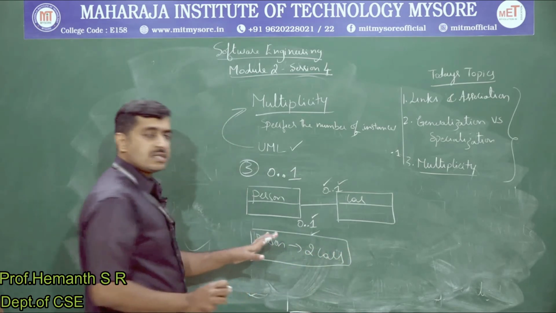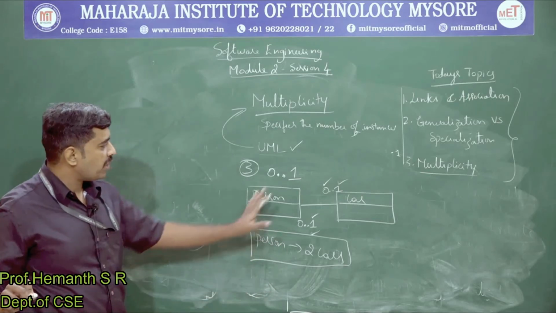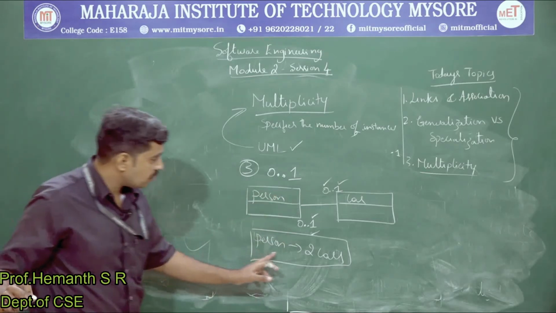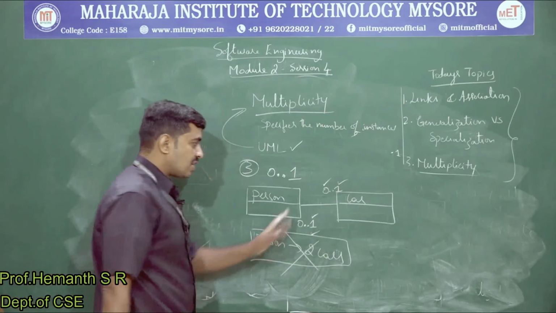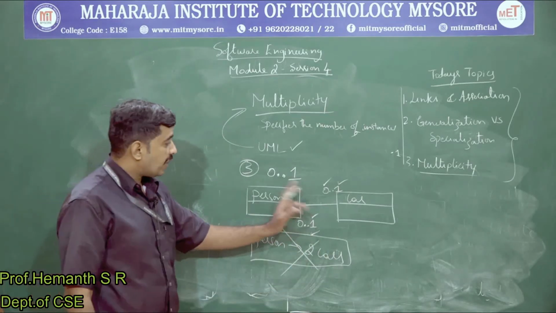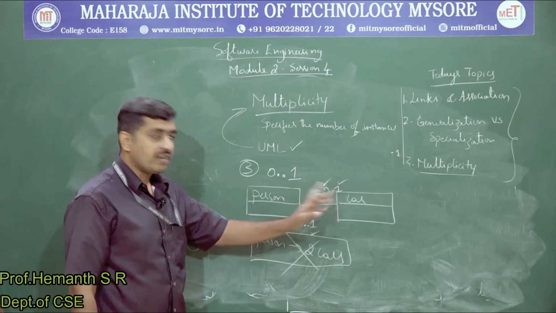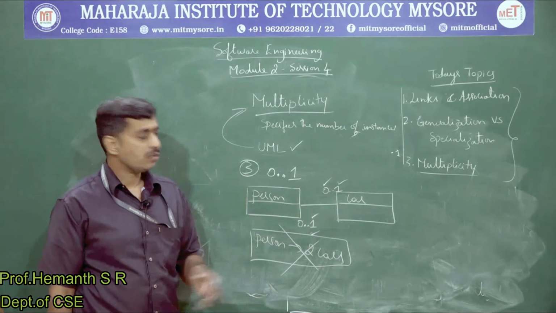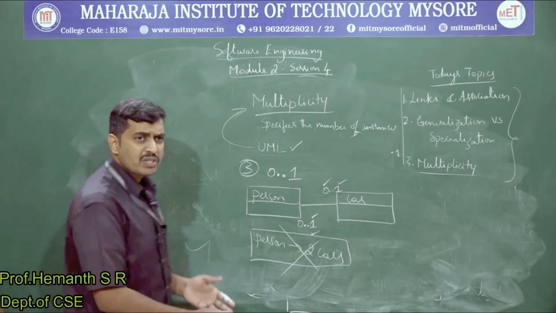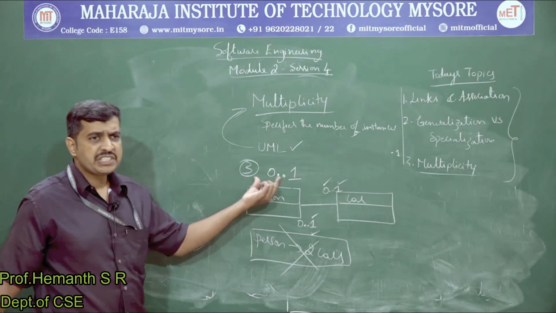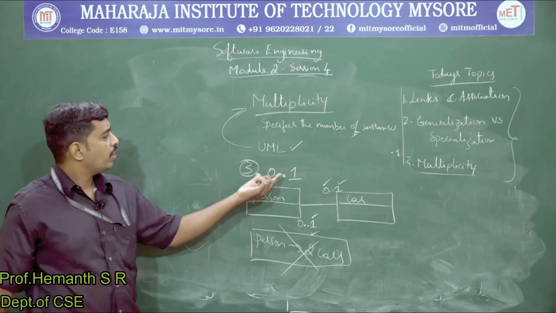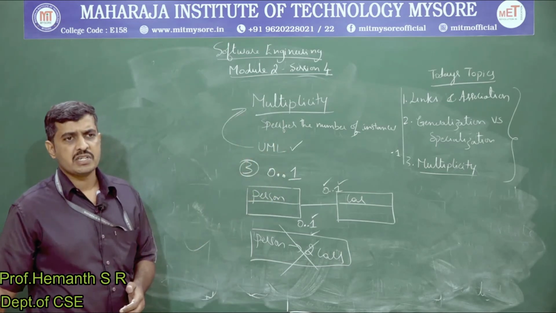Is this scenario accepted by this design? A person having 2 cars. This will not be accepted because as per the design, maximum a person can have only 1 car. So that was a range specificity. So we can have integer ranges like this to represent multiplicity.